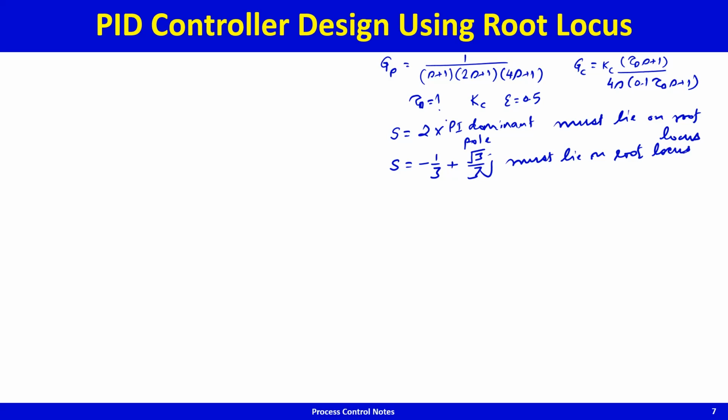That's what we want: to ensure that the root locus passes through this particular point. Because we are talking of a very particular point, obviously the angle condition must be satisfied at the desired S.